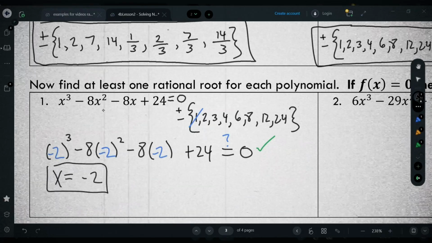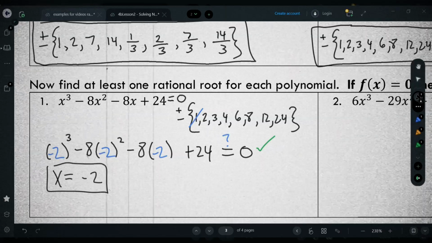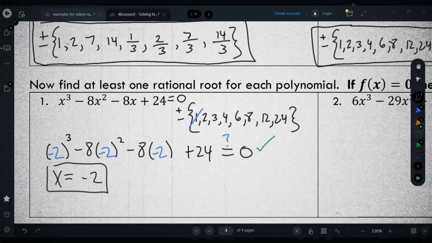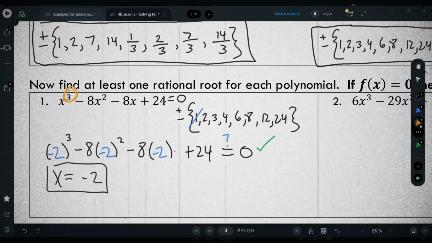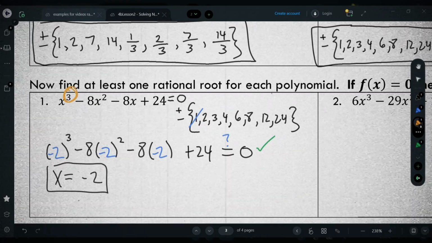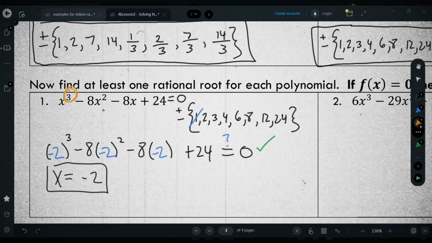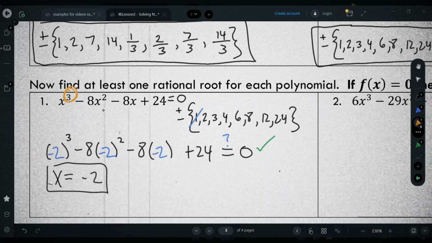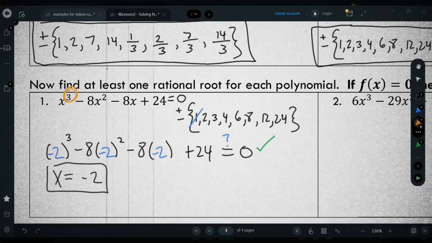Find at least one rational root for each polynomial. We've done that. We found one rational solution. Of course, since this is a degree 3 equation, there's going to be a total of 3 solutions. This is only one of them. To get the other 2, you could keep checking the list, and maybe they're on there. It's also possible that the other 2 solutions are not on the list because they could be irrational numbers.